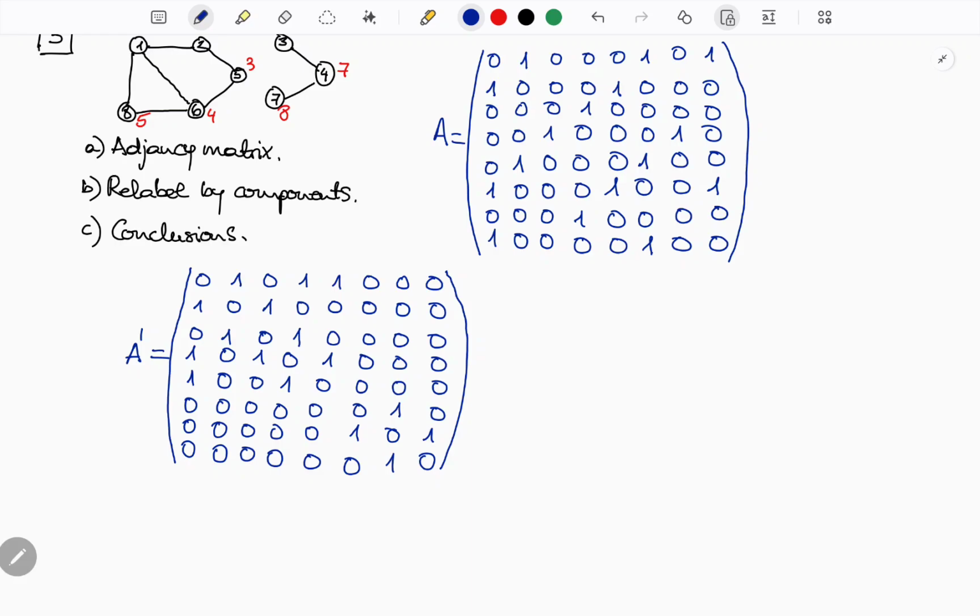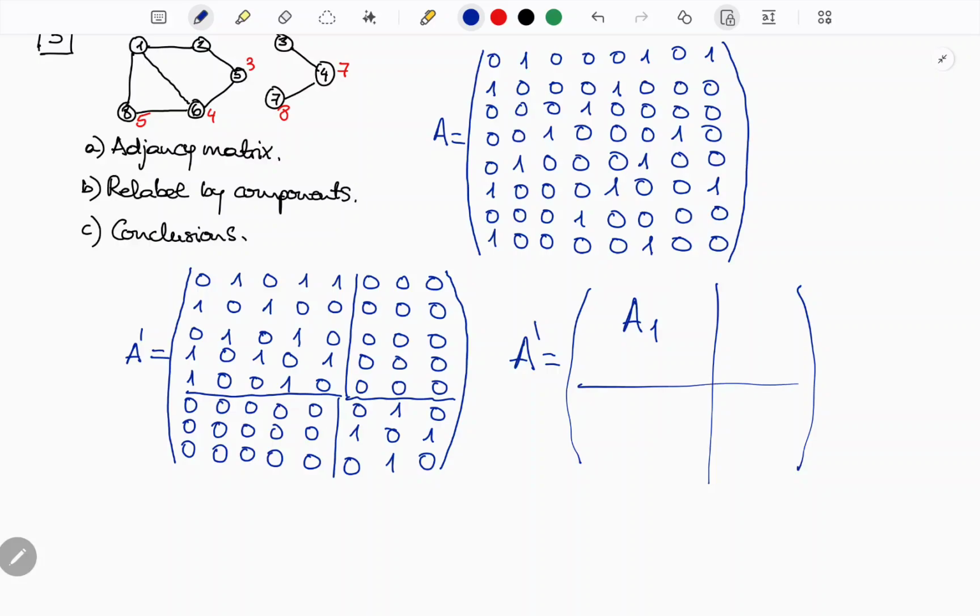And this is important because let's have a look at this matrix. As you can see, we have a lot of zeros here. All these elements are 0, and also all these elements are 0. This is a matrix by blocks, a block matrix. That means A prime is equal to some adjacency matrix A1 here, this is all zeros, and some other adjacency matrix A2.